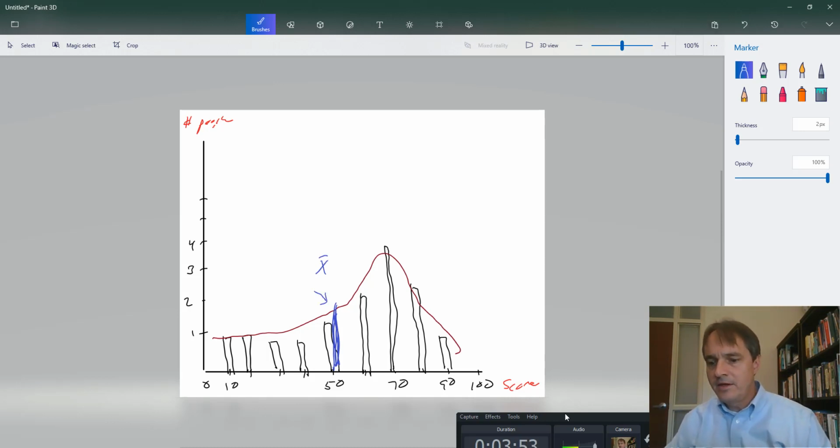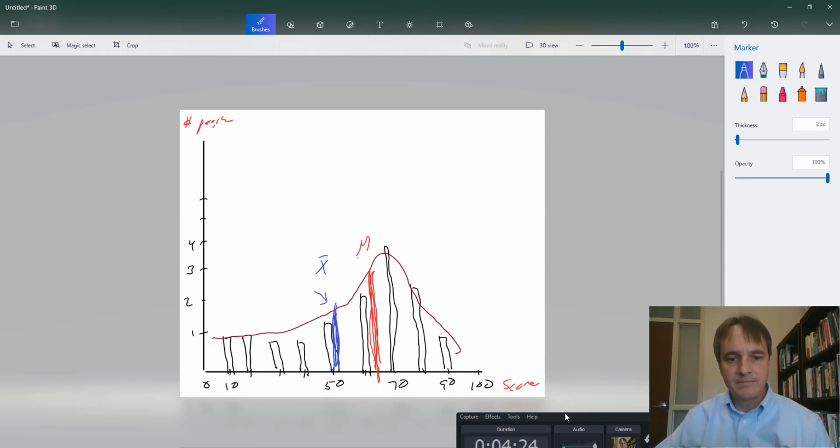On the other hand, if we were to say, well, where is the median? That is, if we were to line all these scores up in order, we would find out that the median might be like here. So even though we have folks that are way, way out here on the left, because we have more people over here, if we line them all up, we'd have a middle point right around here.